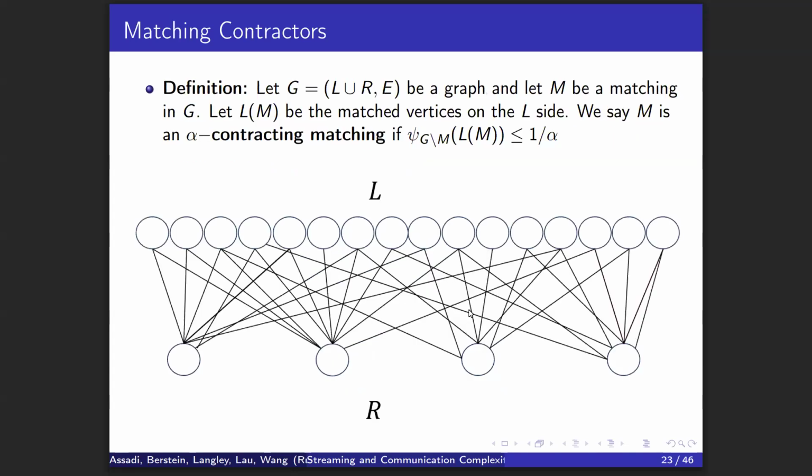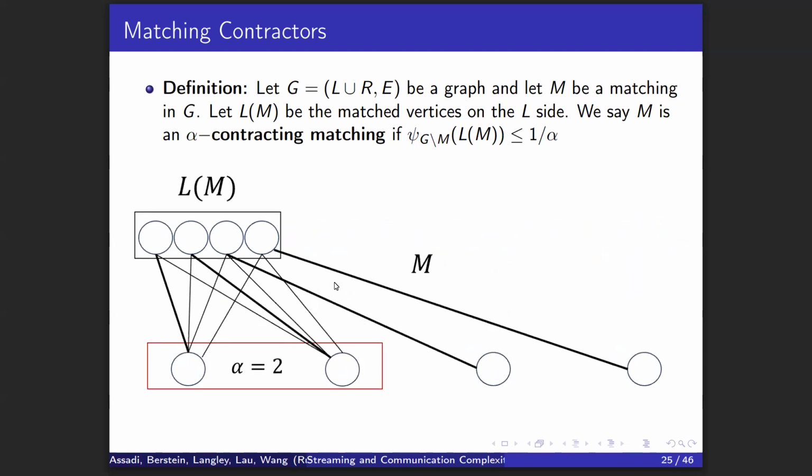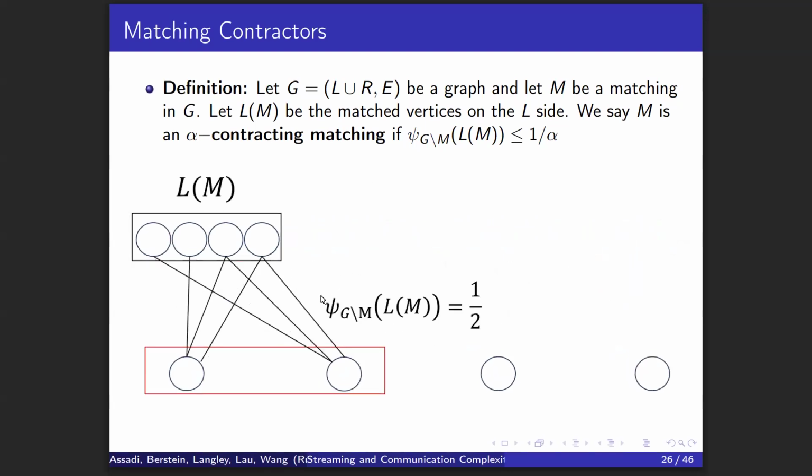And the definition of matching contractors is as follows. Suppose that we're given a bipartite graph like this. A matching contractor is a graph whose edges are made of a union of what we call contracting matchings. But what is a contracting matching? If I have a particular matching M, I will let LM denote the set of vertices on the L side of the matching. Then I say that this matching is alpha contracting if after removing the matching edges, LM has small vertex expansion.